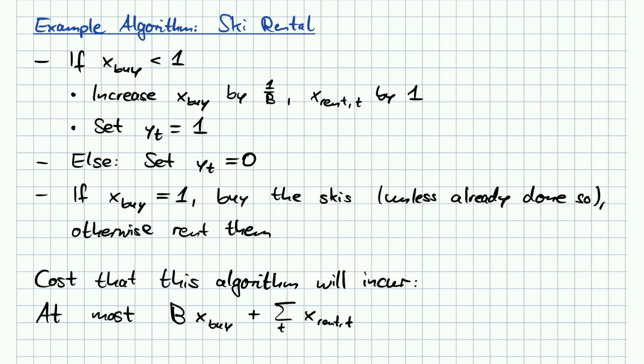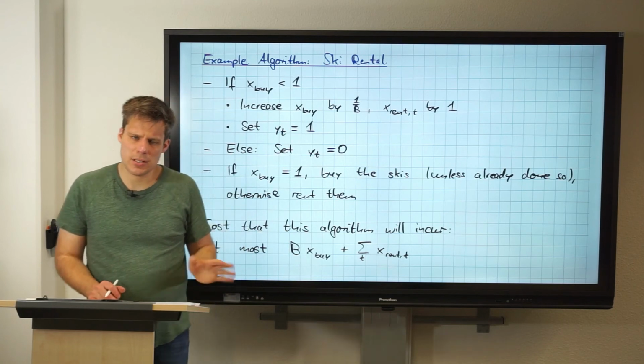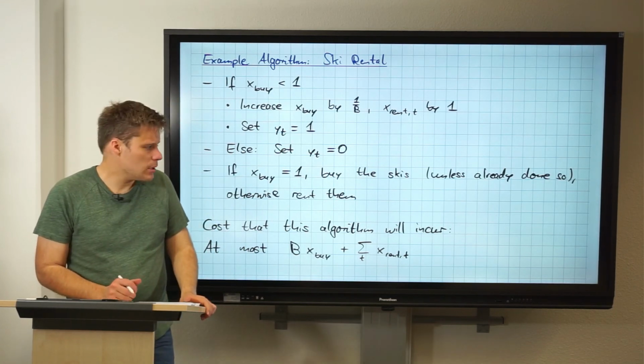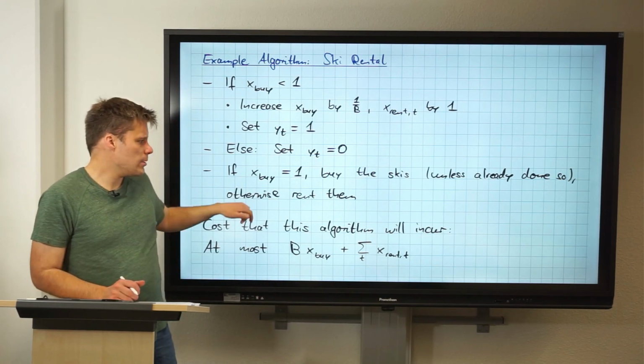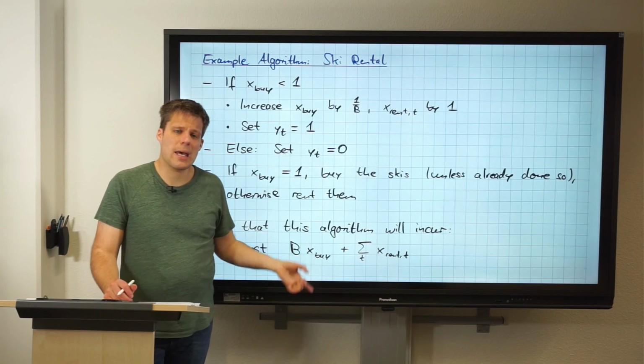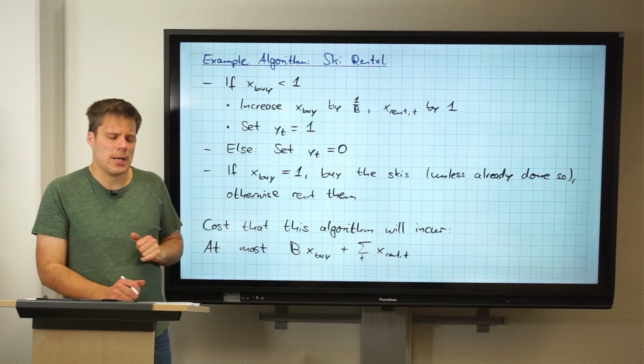Why is it even a little less than this? Well, there is this weird day b at which we're still increasing the rent variable and also increasing the buy variable. And so this is not exactly matching the cost that we are incurring then, because we don't buy and rent the skis on day b, we only buy them, but that's just a minor detail here.